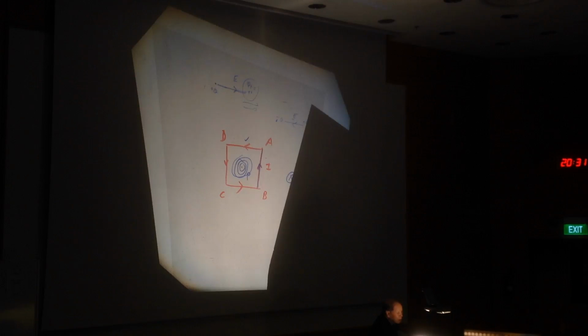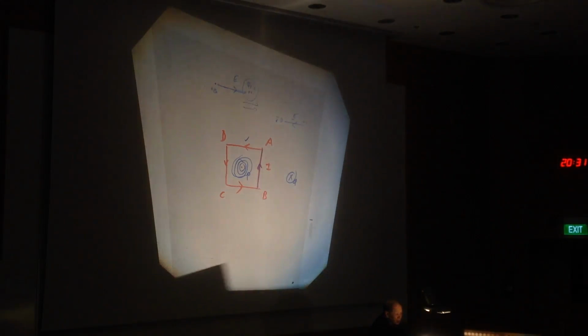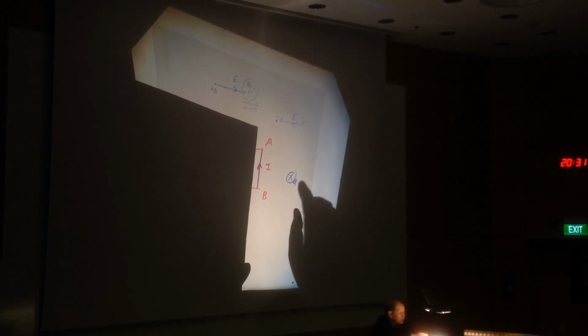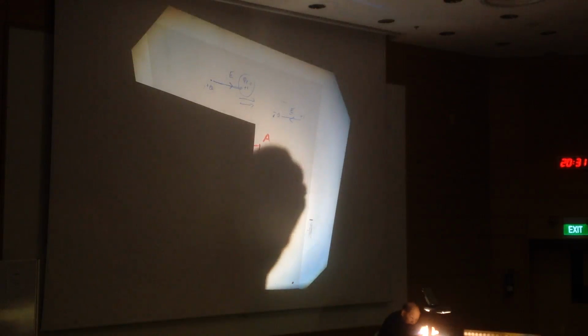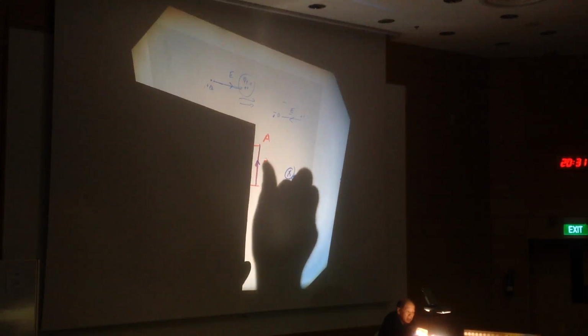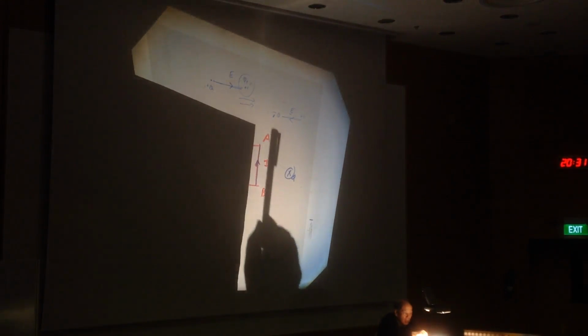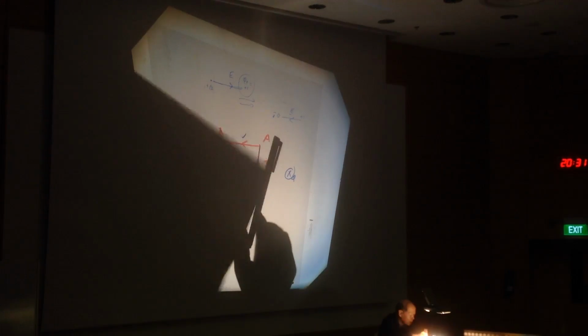Okay, but if I do the same thing with a point Q outside, what is the direction of the field at point Q? Going into the blackboard, into the slide. If I look at the contribution due to DC, let me just cover this so you don't get confused.